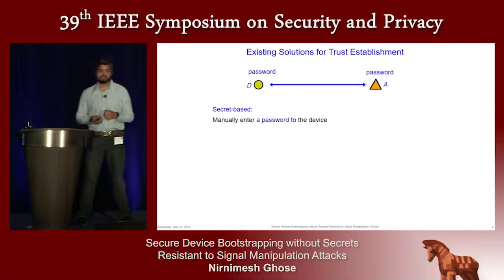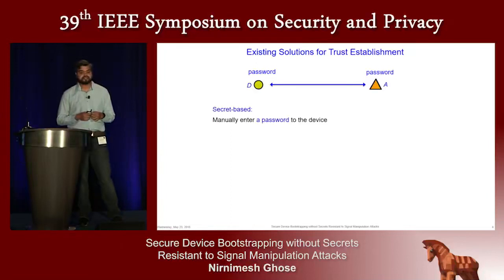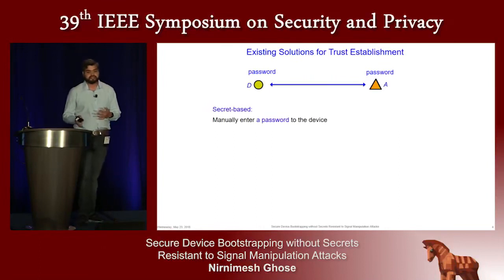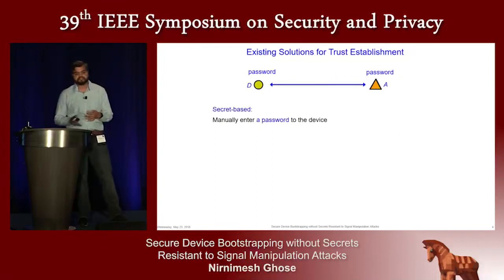Let's look at the existing solutions for pairwise trust establishment, where D is trying to securely pair with the hub A. In the secrets-based methods, a user can manually enter a password to the device and the hub. However, some of the new devices, such as wearables, do not have an interface for the user to enter a password, so this can become difficult.